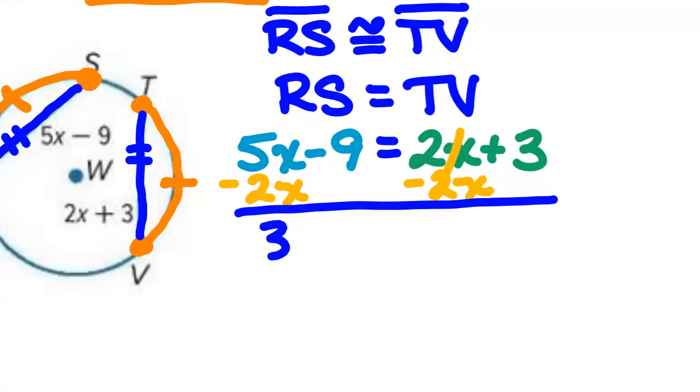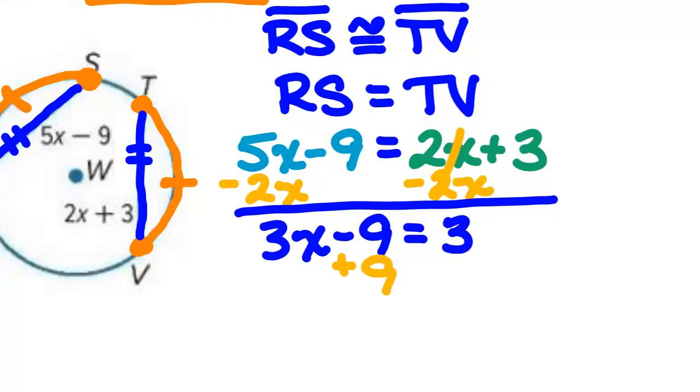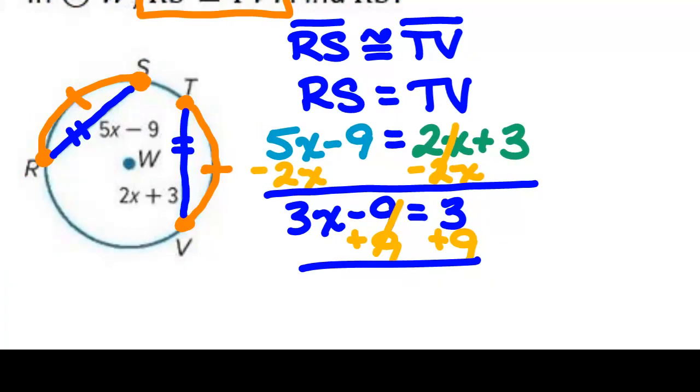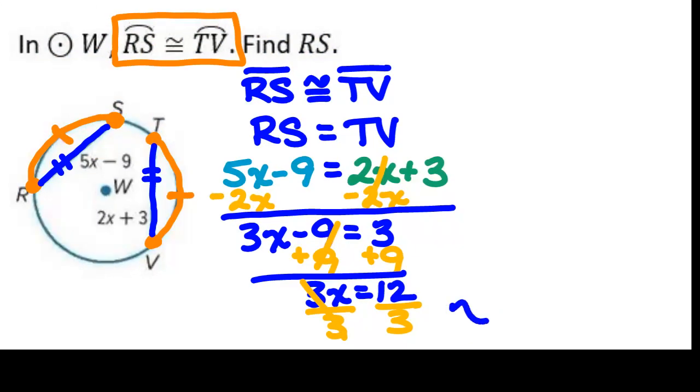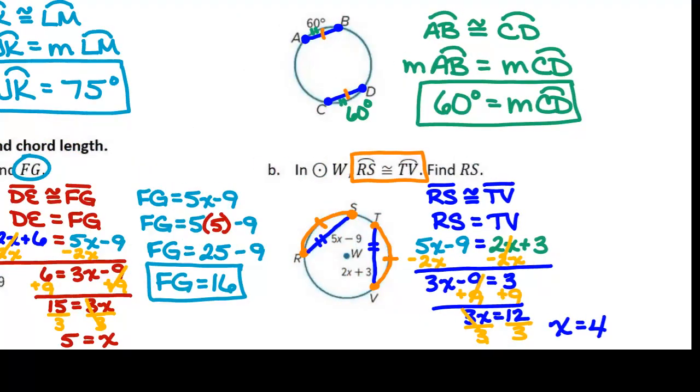That gives me 3x minus 9 equals 3. Then we're going to add 9 to both sides. What is 3 plus 9? 12, so 3x equals 12. And then we divide both sides by 3, and that means x is what? X is 4.